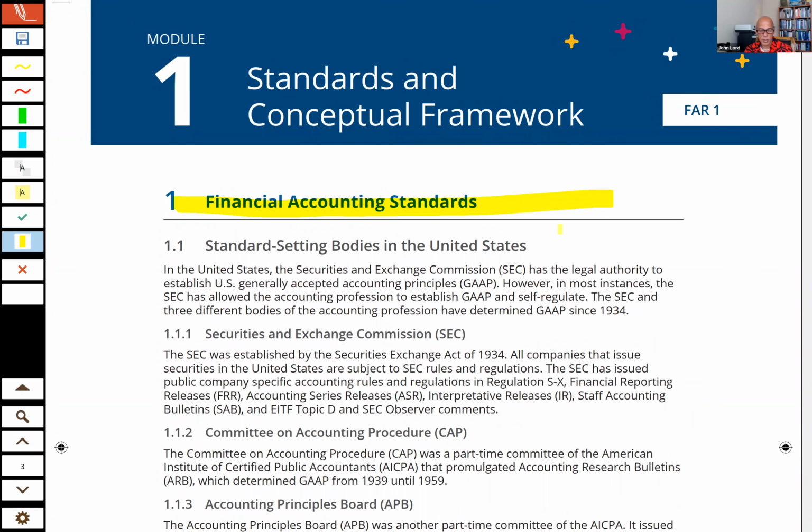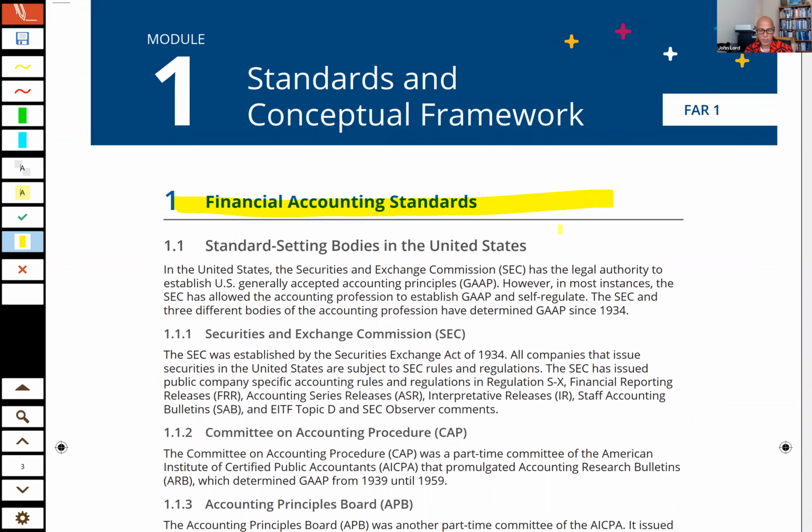In that act, it was stated that the SEC has the legal authority to set accounting standards for all public companies. They basically employed interstate commerce to say, if you're trading stock across state lines, the federal government can regulate you, and that will be the responsibility of the SEC, and they will be responsible for setting standards.